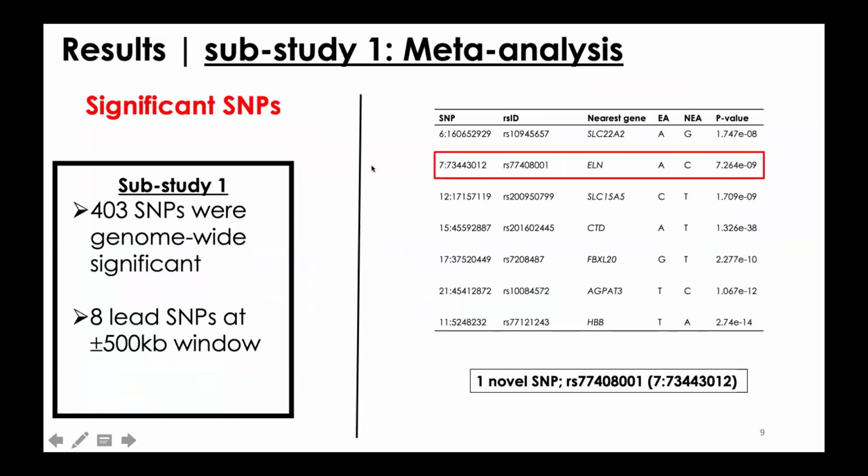Out of merging those big African ancestry data sets, we got quite a number of significant SNPs, 403. And when we clumped based on a 500 kb window because of LD, we were left with only 8 lead SNPs. From those 8 lead SNPs, we started performing downstream analysis.